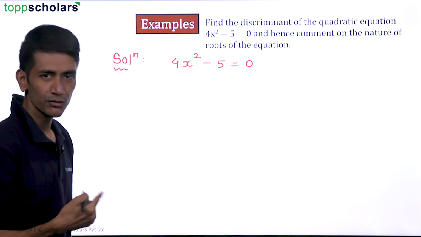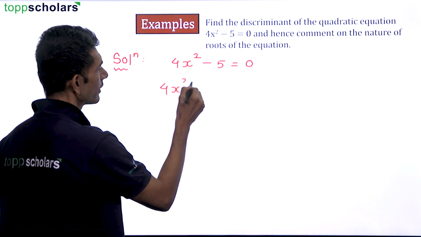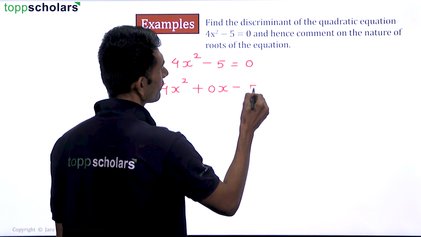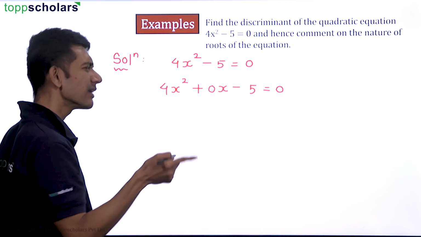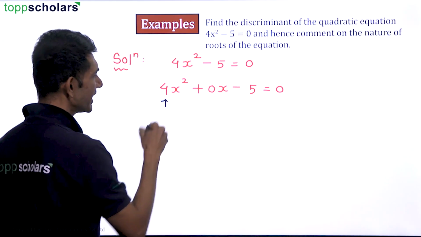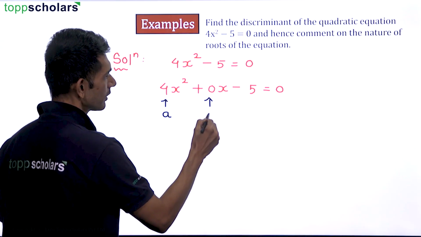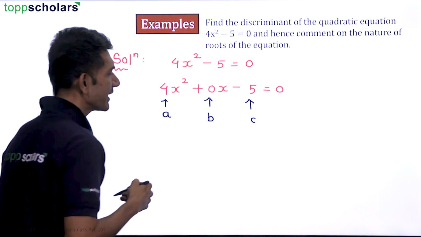Can I write 4x square minus 5 is equal to 0 as 4x square plus 0x minus 5 is equal to 0? The x term was missing, I have written it as 0x. Doesn't matter. If I compare this with ax square plus bx plus c, can I say the value of a is 4, the value of b is 0, and the value of c is minus 5?